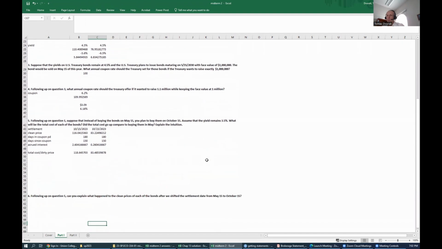Okay, following up on question 5, what happened to the clean prices of each of the bonds after we shifted the settlement date from May 15 to October 15? So let's calculate what happened to clean prices. Well, in the case of the high coupon bond, let's calculate the change. So we can take a look.